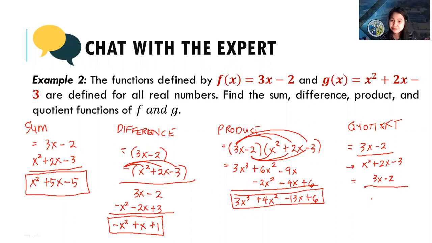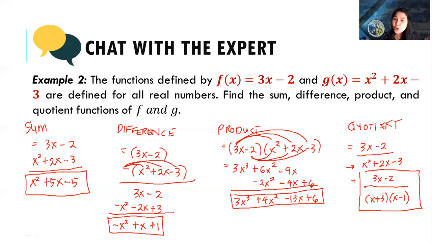This can be x plus 3 times x minus 1. But if you see, they don't have any common factors. So this is now our final answer.